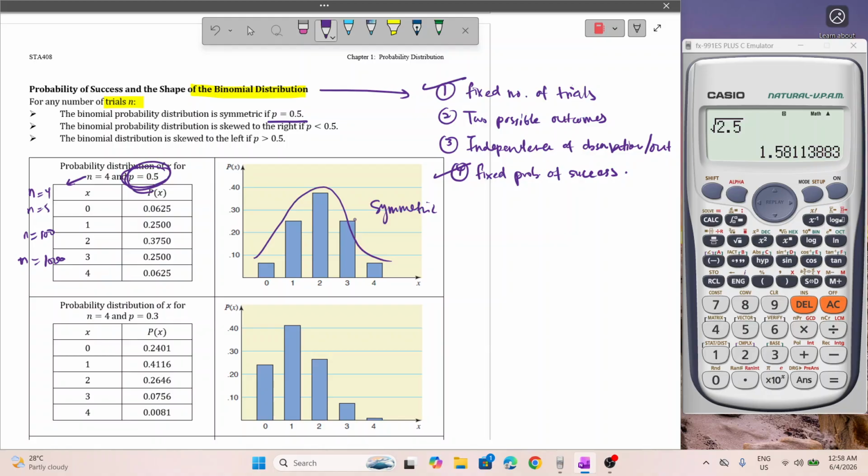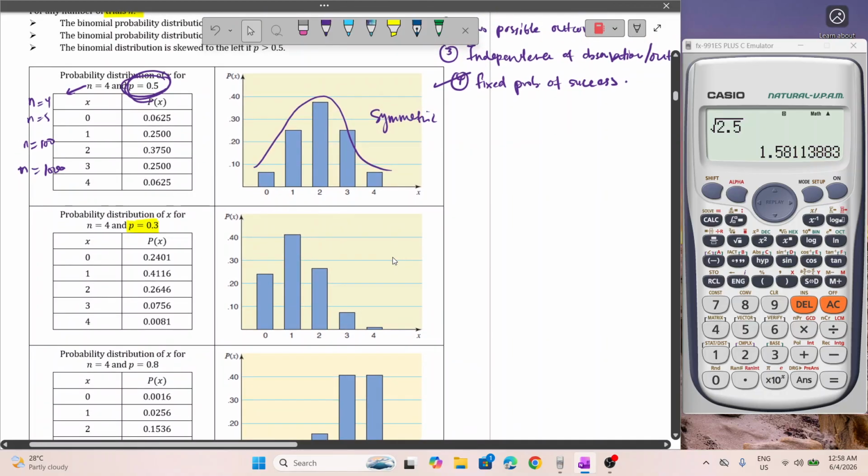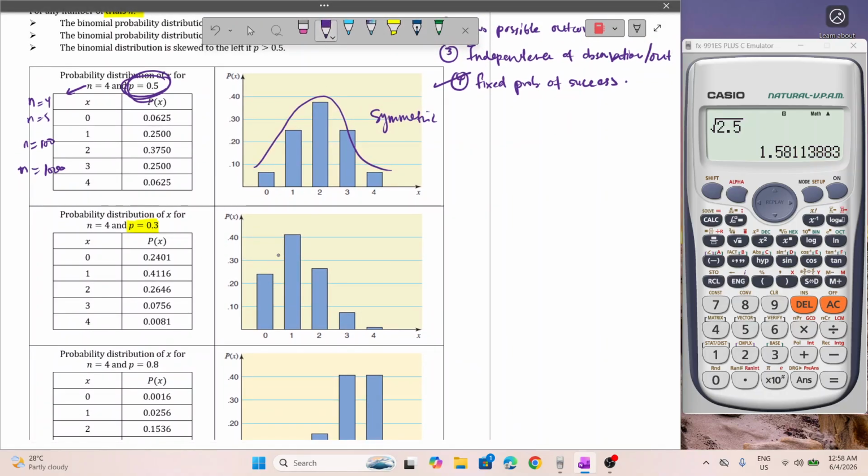Number two, the binomial distribution is skewed to the right if p is less than 0.5. See, this is an example when p is 0.3. You notice the distribution now has become different.